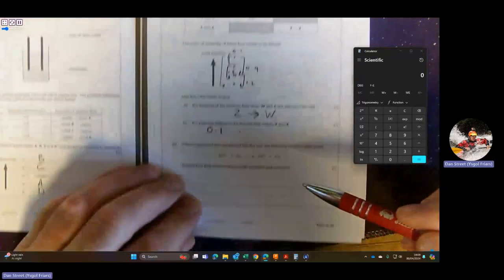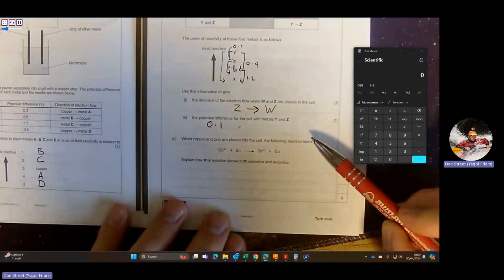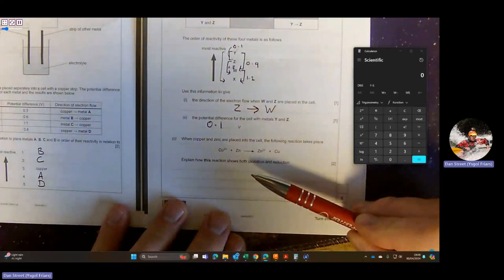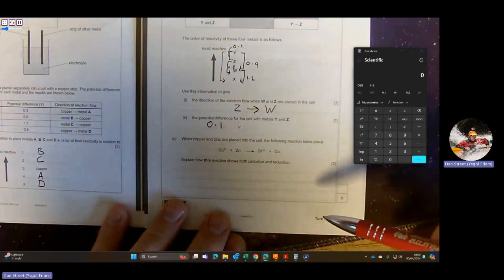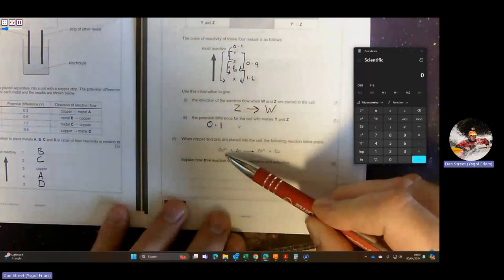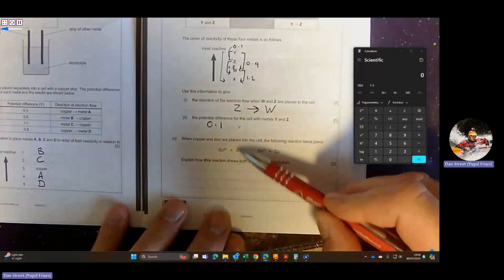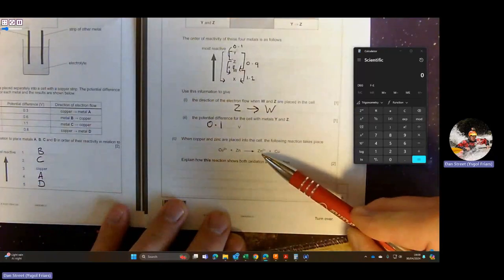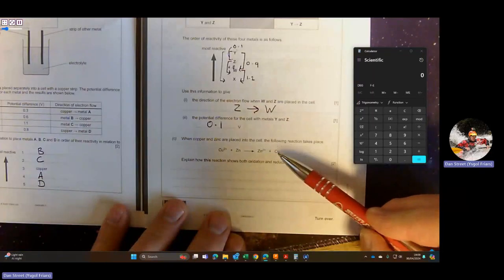Now, this last question on the same topic: when copper and zinc are placed in the cell, the following reaction takes place. We can see that the copper 2+ ion is reacting with the zinc, and we end up with a zinc 2+ ion and copper.